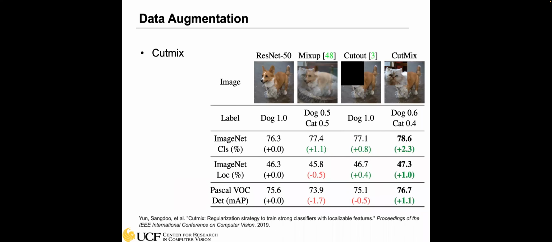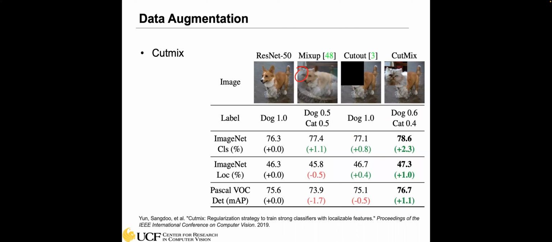And CutMix is also based on Cutout and Mixup. Mixup is basically, looking at this example, you have two images and mix them together. Maybe there's a cat on this portion, and the original is a dog.